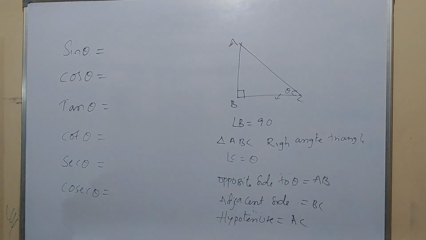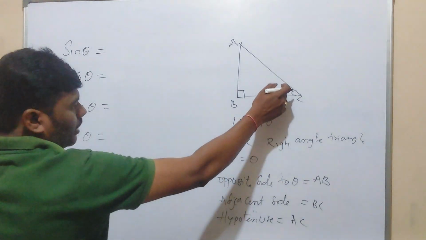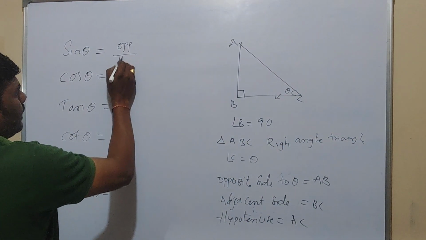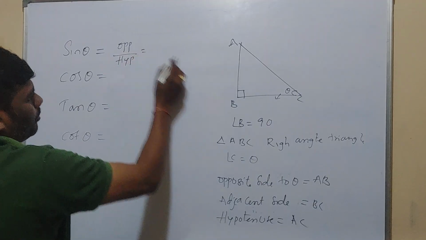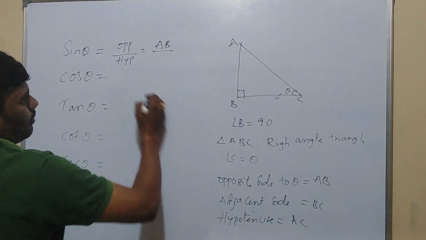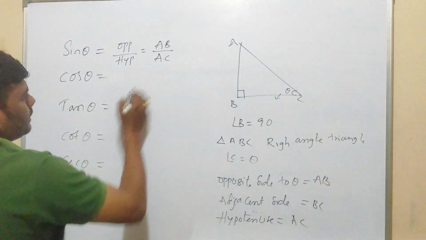Okay, now sin theta. Sin means opposite by hypotenuse, so opposite is AB by hypotenuse AC.